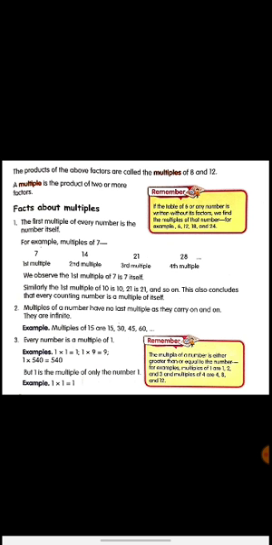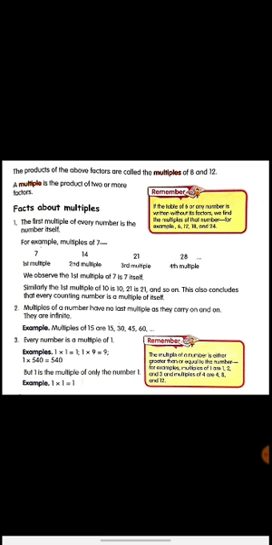For example, 6, 12, 18 and 24 are the multiples of 6. Similarly, the first multiple of 10 is 10, 21 is 21, 64 is 64, 25 is 25, 4 is 4, and so on. This also concludes that every counting number is a multiple of itself. So the first ever multiple of any number will be the number itself.